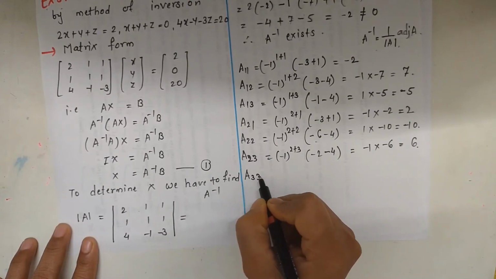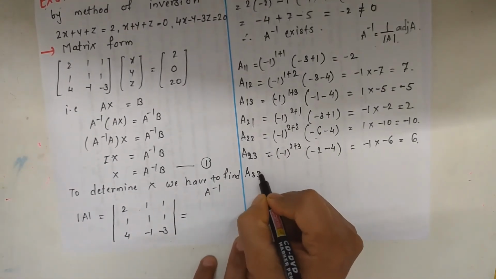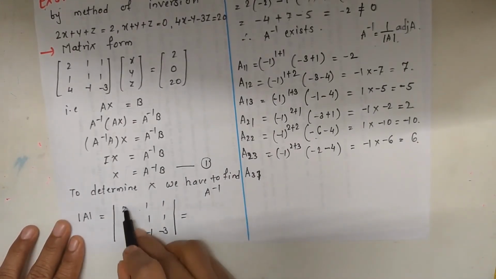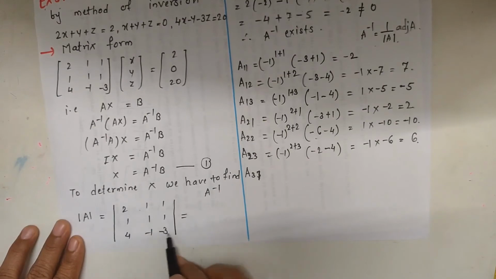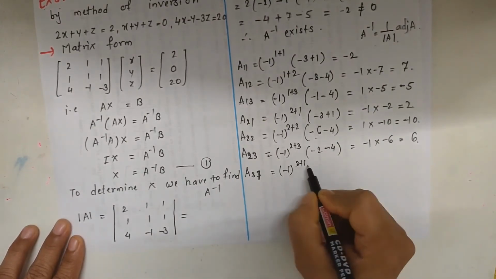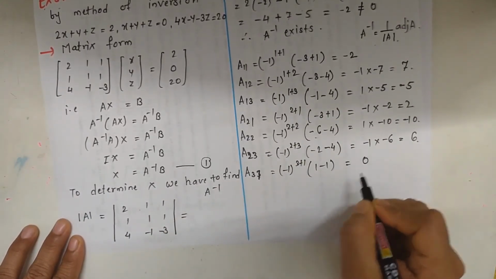Third row element A31. Eliminating the third row and first column, minus 1 raised to 3 plus 1, 1 minus 1 is equal to 0.